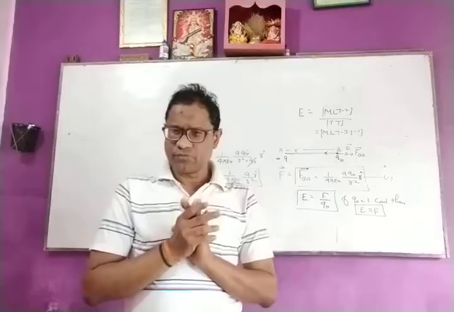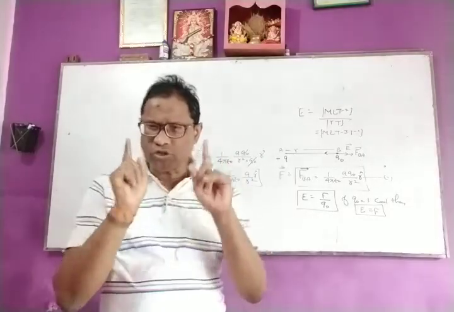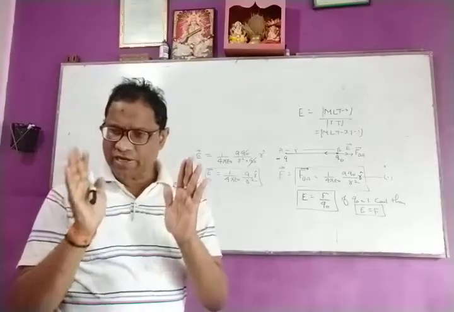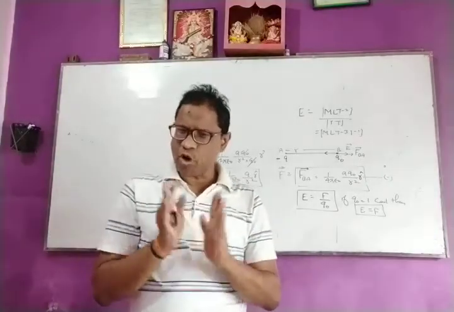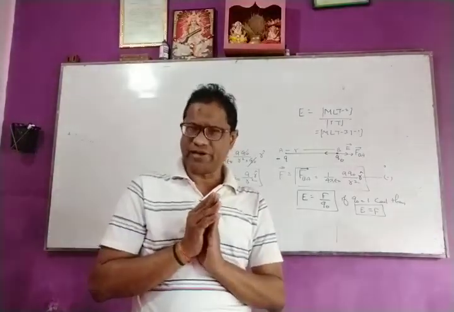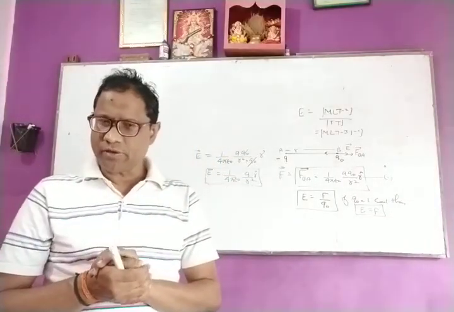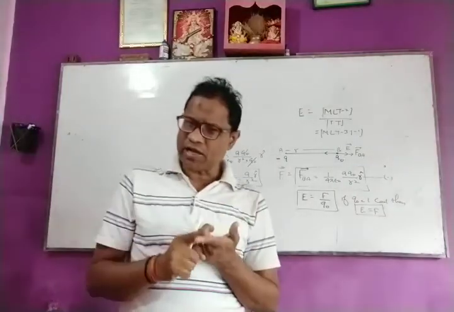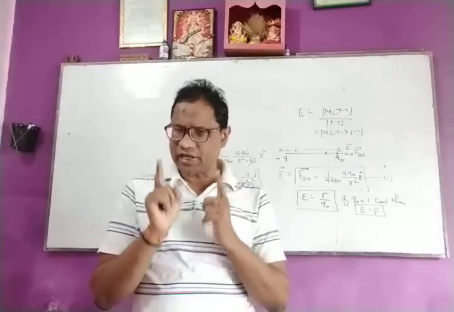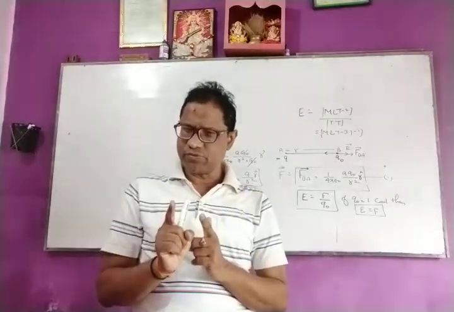Thus, we conclude that the electric field at a point due to a positive charge is directed radially outward, but due to a negative charge, it points radially towards the source charge.